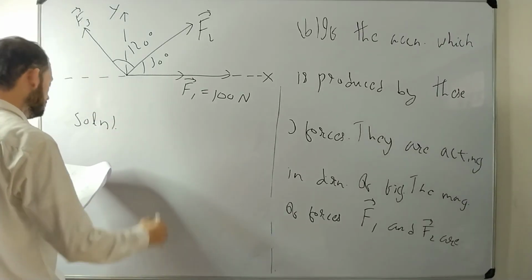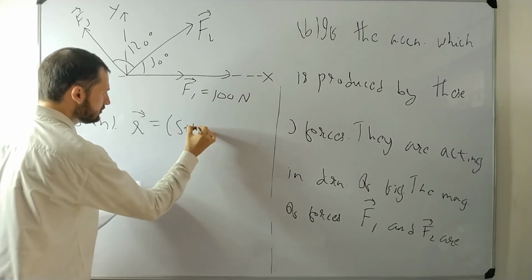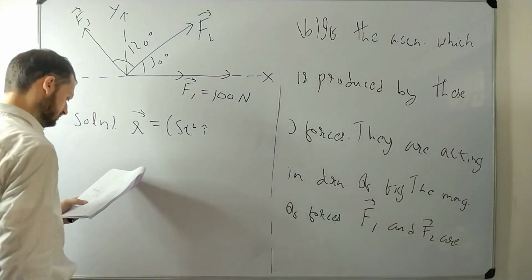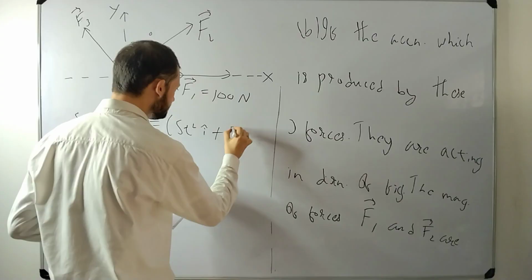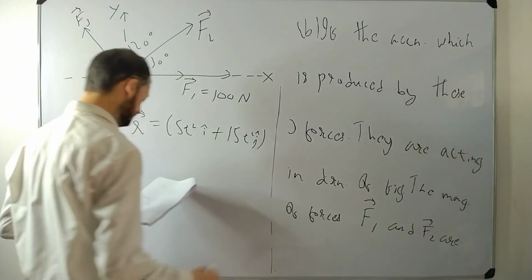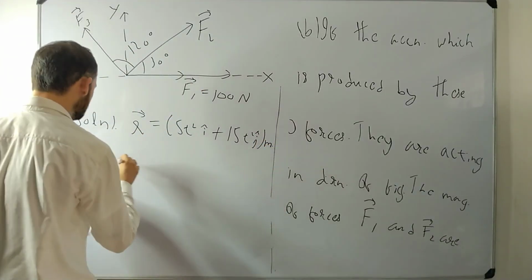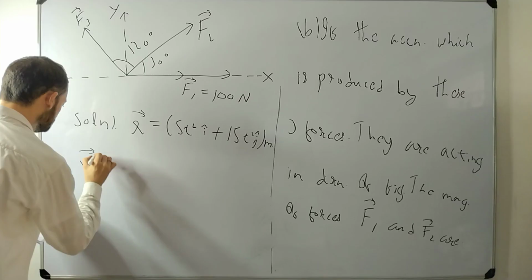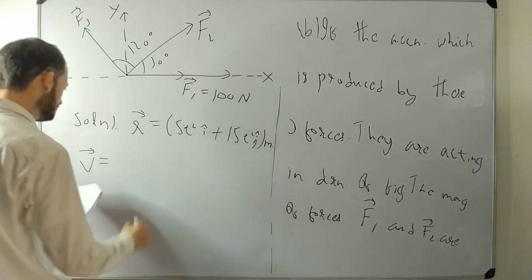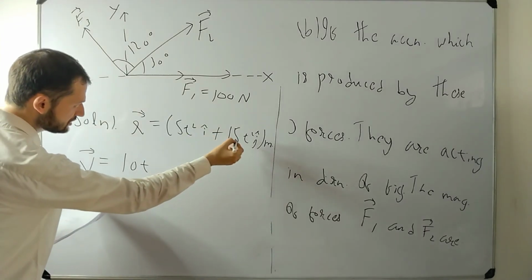Solution R is 5t square I, and this is 15t square J, right? Meter. Yes, sir, definitely. Then what would be the V value after differentiation? 10t. We are differentiating the thing now.